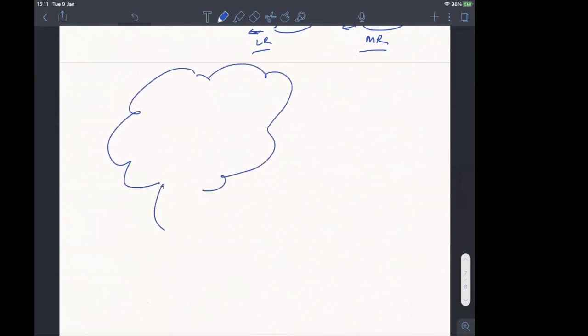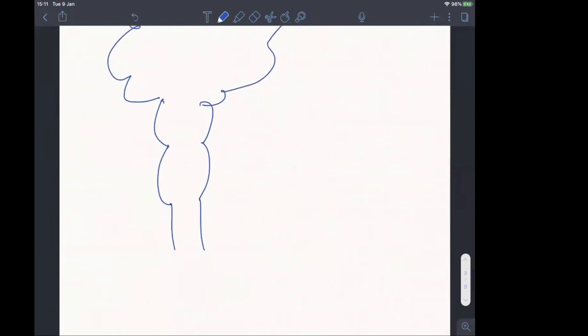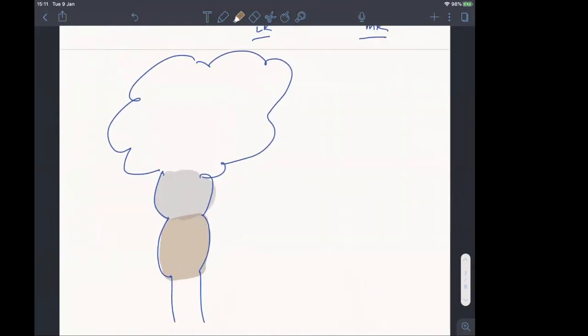So this is the brain and this is the brainstem. So again, this is the midbrain and this is the pons. Now we are not drawing the lobes anymore, but just remember that this is the left side and this is the right side.